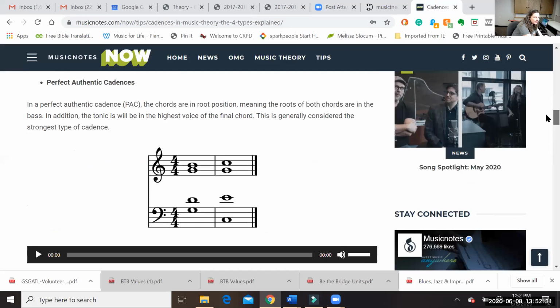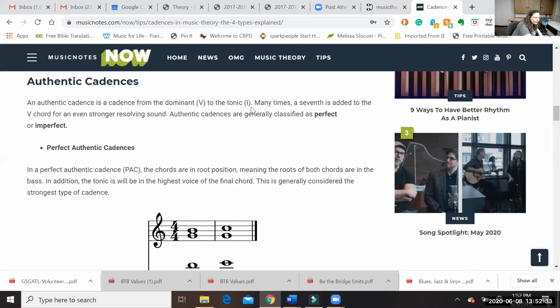An authentic cadence is simply going from dominant to tonic in your chord structure. So you're going from a 5 chord to a 1 chord. That's an authentic cadence. If you were in the key of C major and you wanted an authentic cadence, you would go from a 5 chord to a 1 chord.